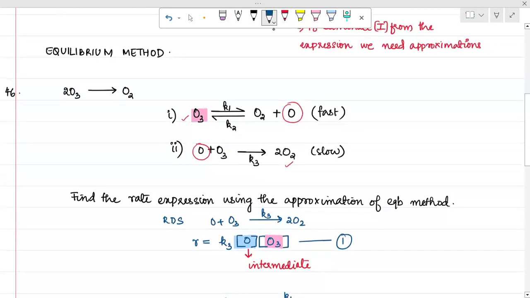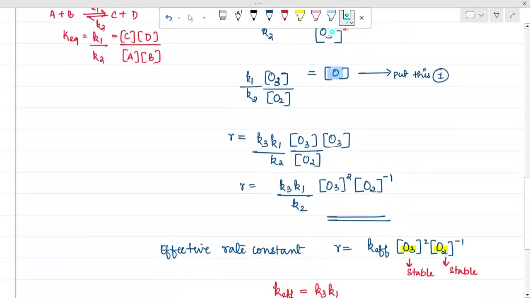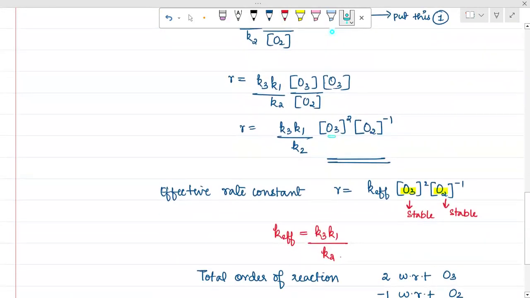So let's say this was our overall reaction where we have only O3 and O2, correct? So those candidates can be there in the rate expression, but not anyone other than O3 and O2. This is the equilibrium method. Very easy. You'll get more questions in the assignment, okay?